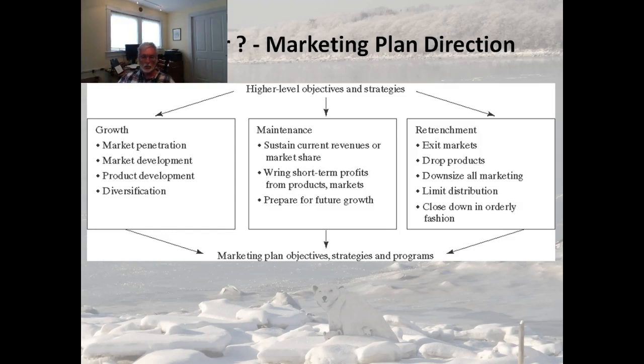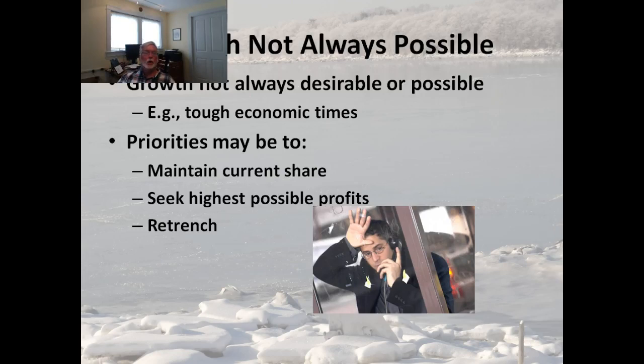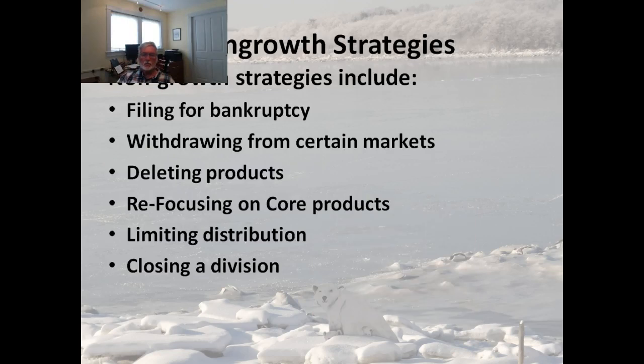So let's go a little bit more in depth on that. Because growth isn't always possible or desirable, then you may need to do other things. So we're talking about retrenchment. So different kinds of non-growth strategies. I started it out with the best non-growth strategy there is, which is filing for bankruptcy.